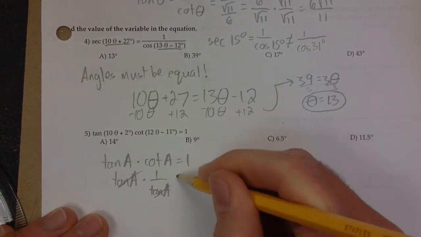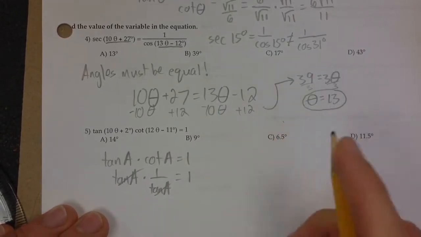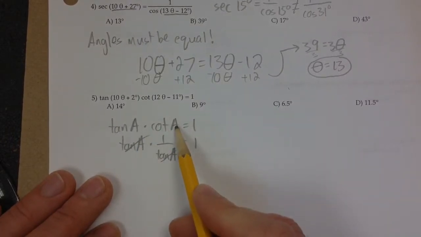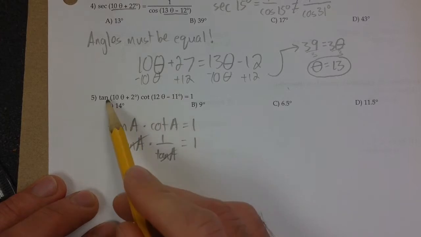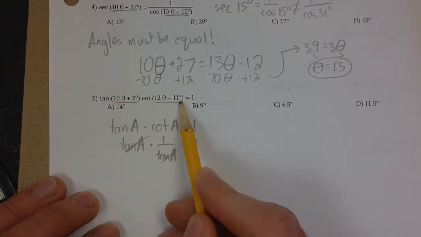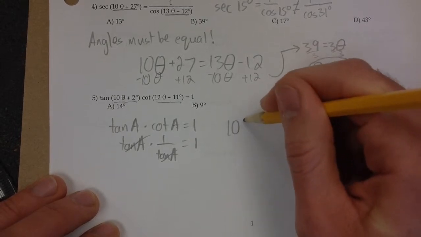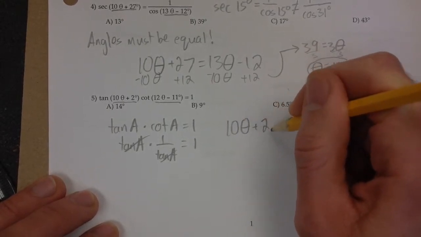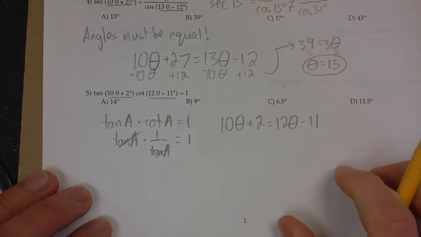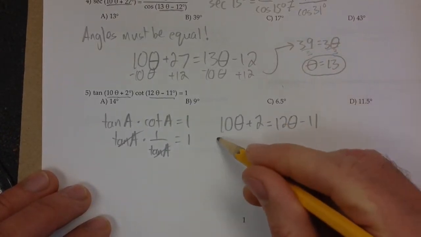So those cancel. Again, the angles have to be equivalent. Notice that I have A and A here. So for this to be a true statement, the angles must be the same. If you know that, it's very simple. Just set the angles equal to each other. Solve algebraically.